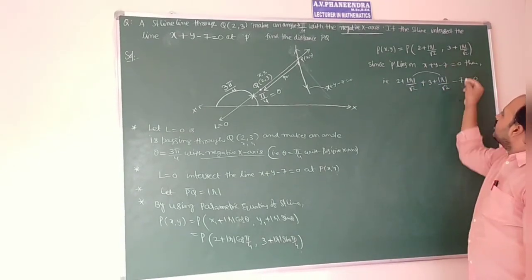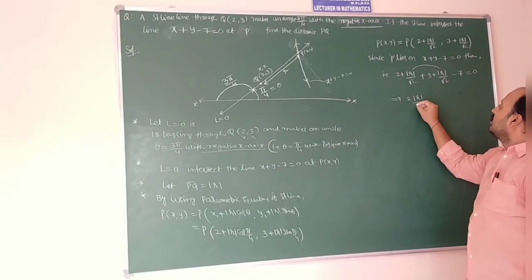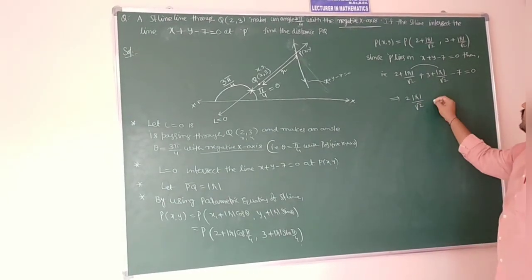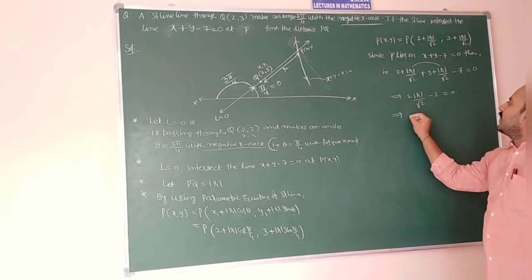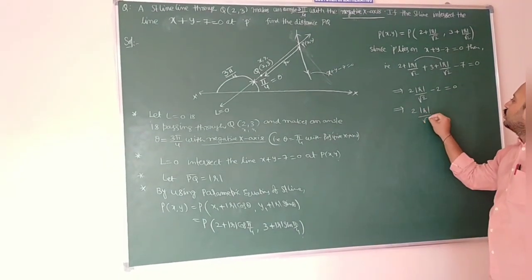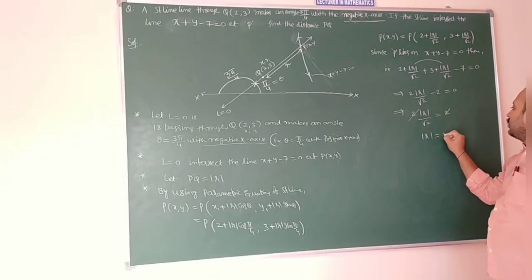So mod r by root 2 plus mod r by root 2, 2 times mod r by root 2, minus 2 equal to 0. That implies 2 into mod r by root 2 is equal to 2. Both sides 2 get cancelled. Mod r is equal to root 2.